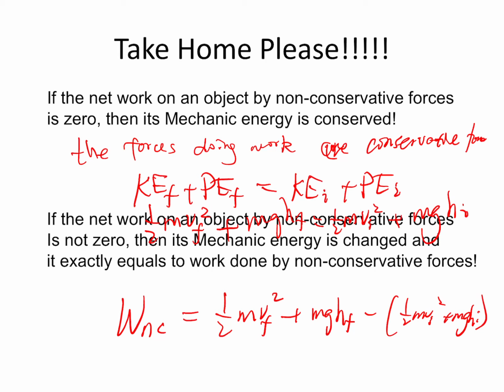So you have a very simple equation: 1/2 m vf squared plus m g hf equals 1/2 m vi squared plus m g hi. Initial mechanical energy, final mechanical energy. I have several examples in the conservation of energy example video. Please watch them if you're confused.